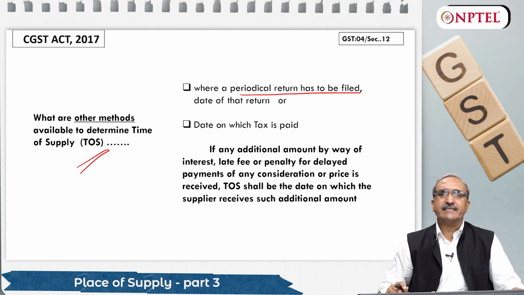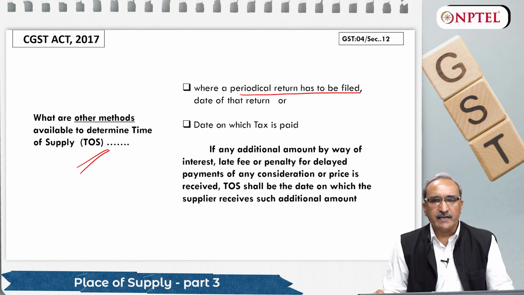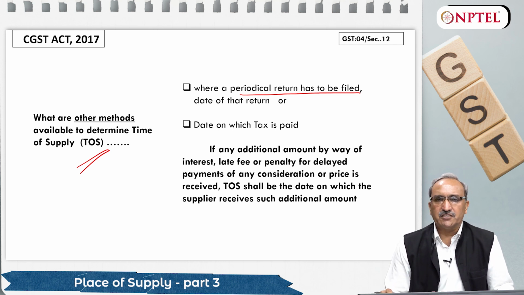So as I mentioned, in the month of April, whatever goods we have sold, we will determine our tax liability. We will declare our total invoices, our total sale of April in April's GSTR 1, which is supposed to be filed with the GST portal by 11th of May. Means for monthly returns, I have 11 days to file my GSTR 1 on the GST portal.